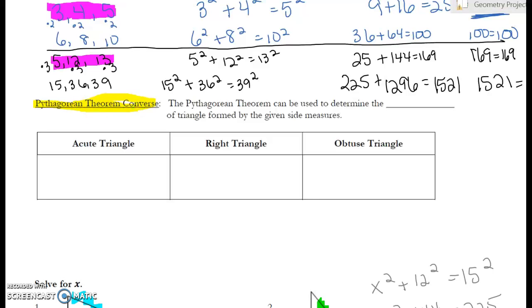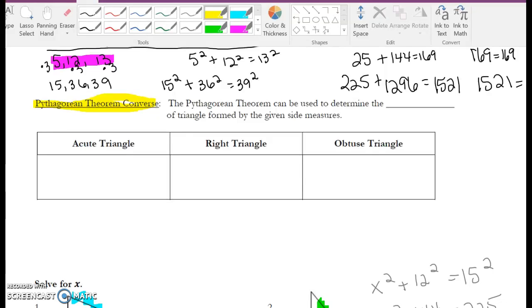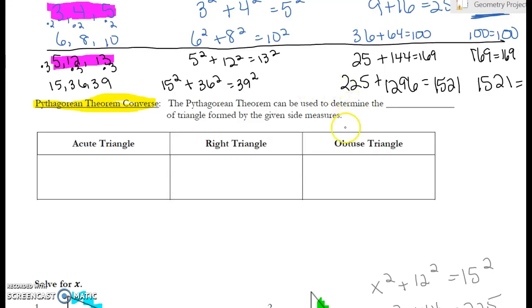But the Pythagorean theorem can be used to determine the type of triangle formed given the number of sides. So if it's a right triangle, it's a squared plus b squared equals c squared. If it's an obtuse triangle, c squared is big.